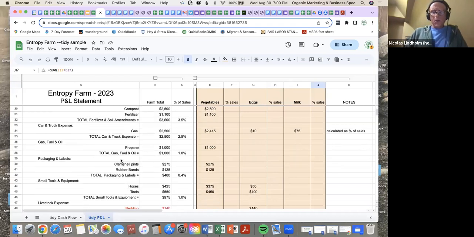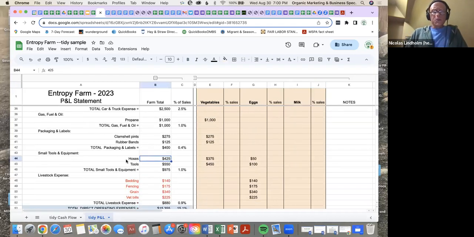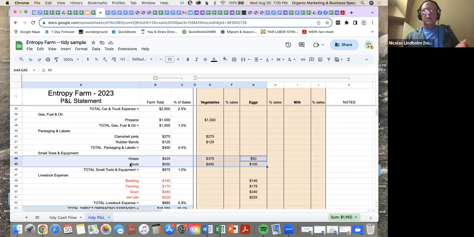You can also, here we go, down to small tools and equipment. I chose to look at these as actual expenses that we had receipts for. So we went to Home Depot, bought a bunch of hoses. For the total, we spent $425 on hoses. Oh, but one of those hoses we used to run out to the mobile chicken coop to water the chickens. So we'll actually allocate from the receipt.